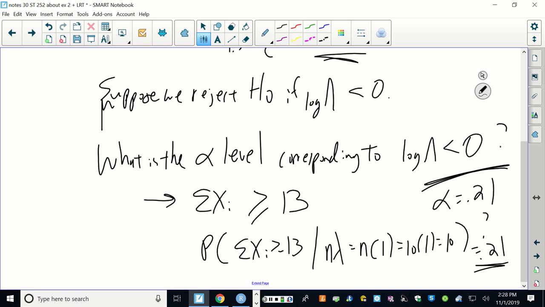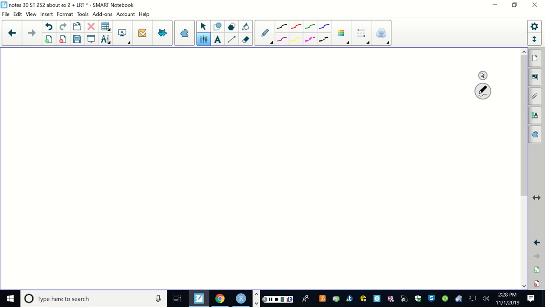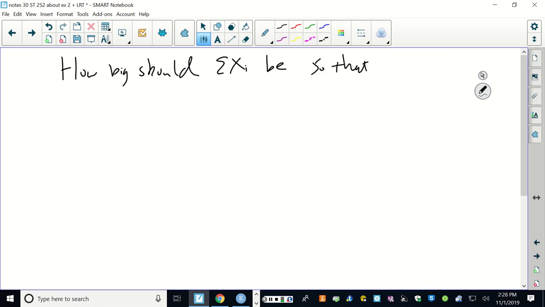What sum value should we use so that we actually do get an alpha level that's more realistic? How big should the sum of xi be so that our alpha, the type 1 error rate, is about 0.05?